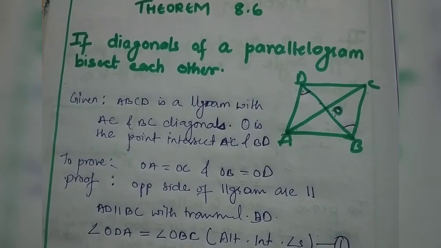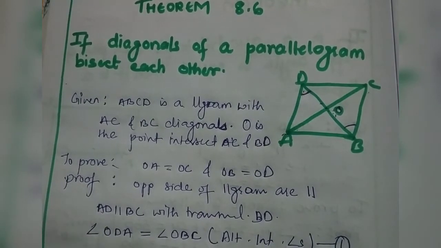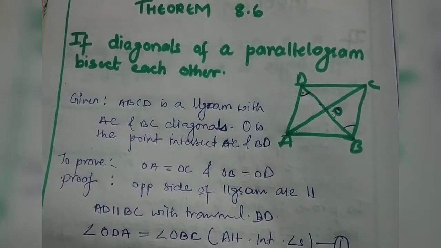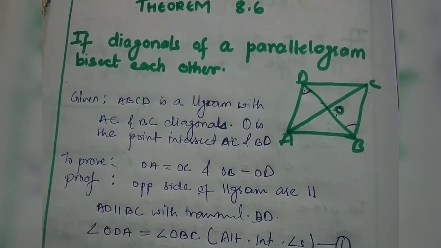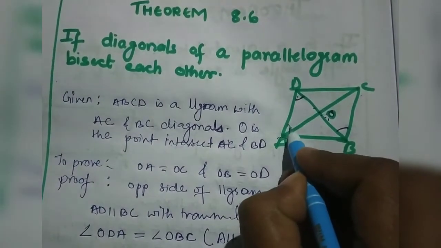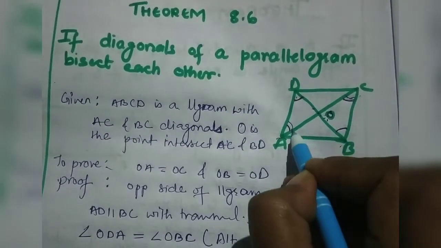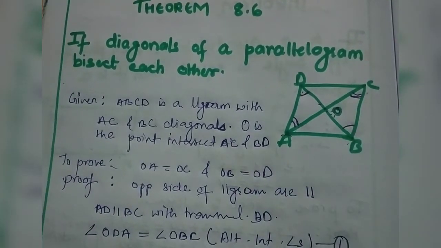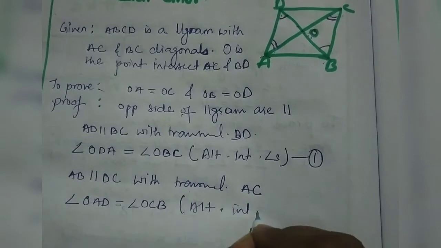Again, we know that AB is parallel to DC with transversal AC. So angle OAD is equal to angle OCB, alternate interior angles.